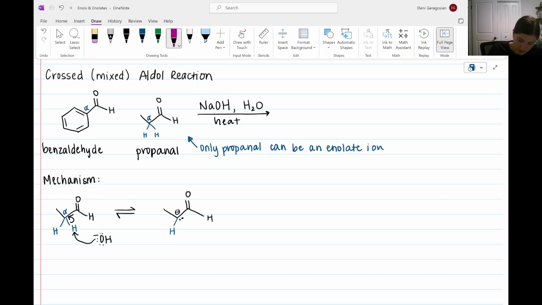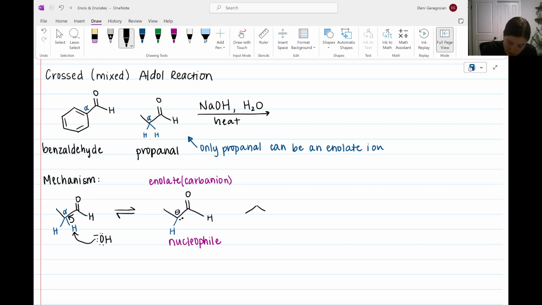So here is our enolate, showing the form with a carbanion, so negatively charged carbon. This is the form that will show in mechanisms. Now we have our carbanion. This is a nucleophile, has electrons to give away.